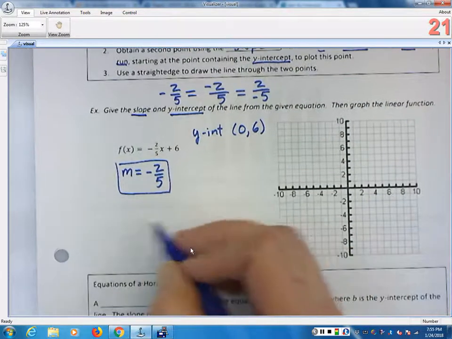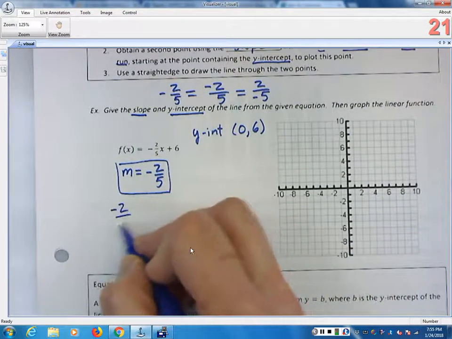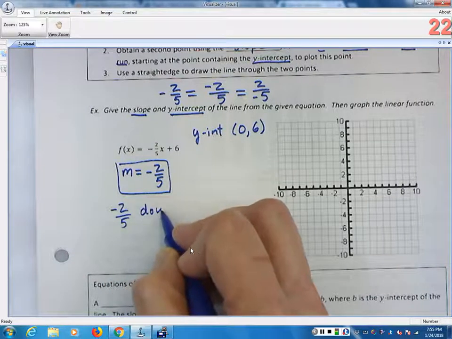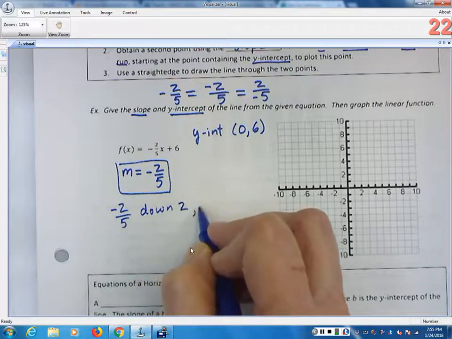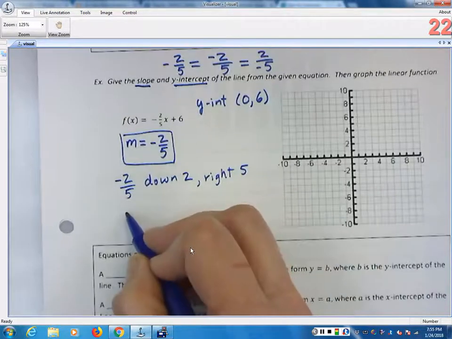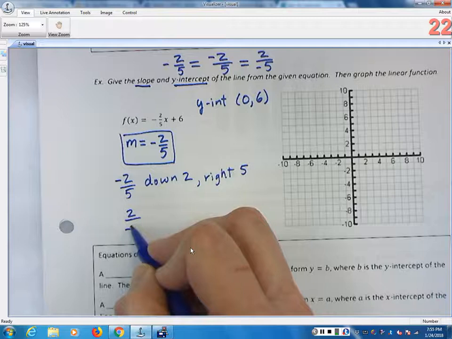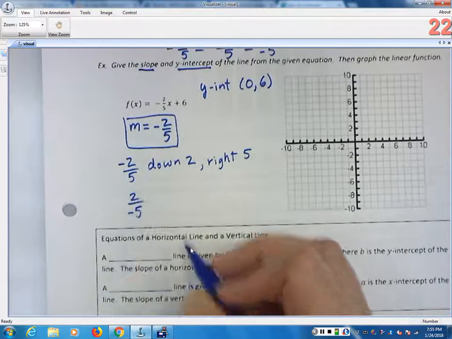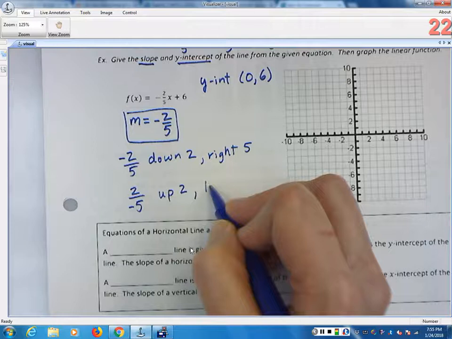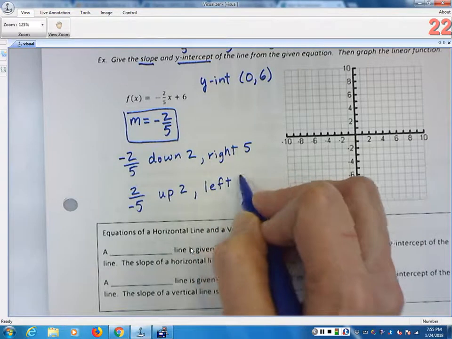So if we write it like this as rise over run, we can go down 2 and right 5. But if we move the negative sign down here, we can go up 2 and left 5. Both of those are correct.